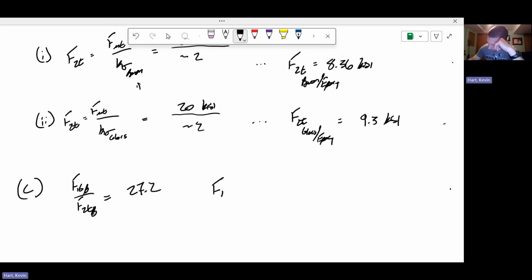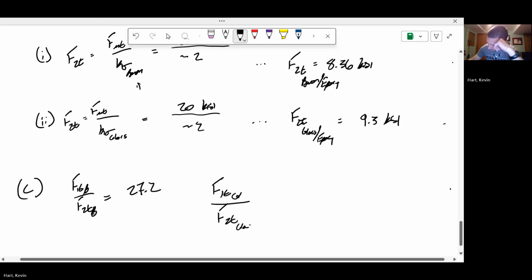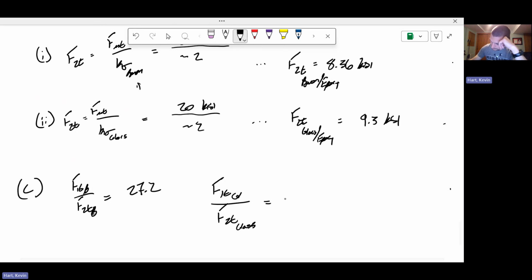And F1T of glass over F2T of glass at 50% is 26.9. So this is the ratio of longitudinal to transverse tensile strength. Pretty significant difference, right?